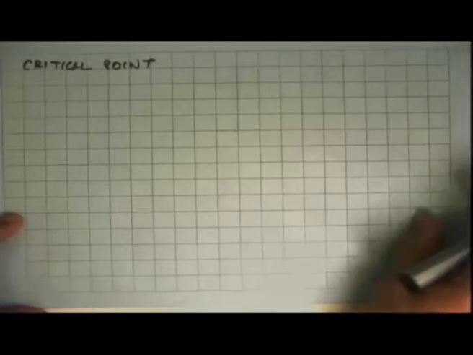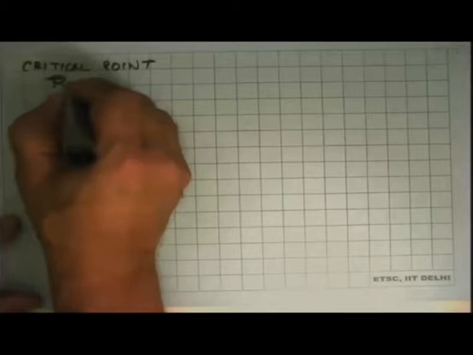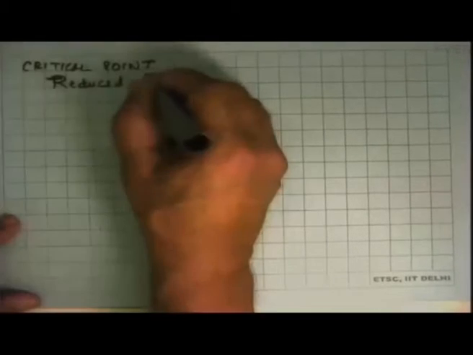Okay, so the first thing we do is, at the critical point, we define a new property which we call reduced pressure.